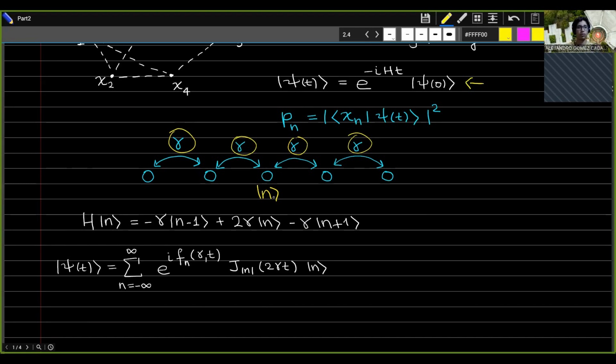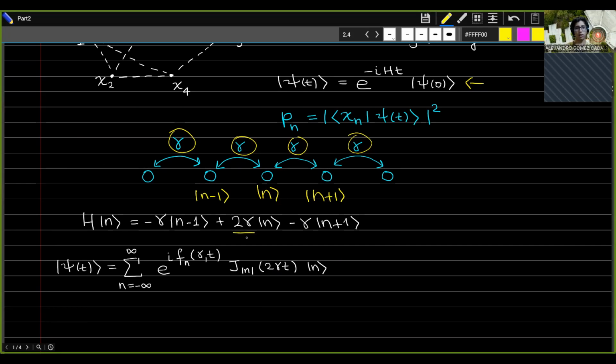So, for example, if we take n as a reference, we can get out from the state n to the left, so get to the state n minus 1 with a transition probability gamma, and we can also get to the state to the right side, so it's also gamma, and as it's going out, we have a minus sign, and we have 2 ways in which the system can get to the state n, if it goes from the left or if it goes from the right.